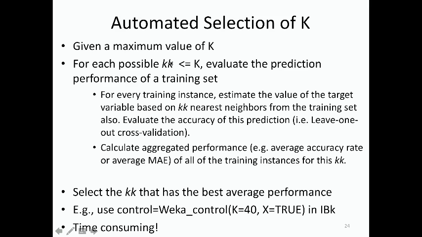So let's try a variable called KK that we can change from 1 all the way up to this maximum K. For every KK, you essentially want to evaluate the prediction performance on the training set.